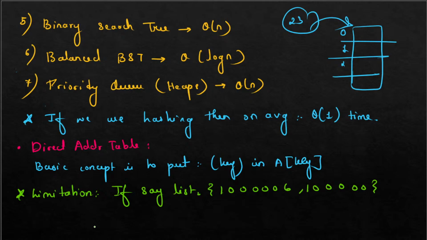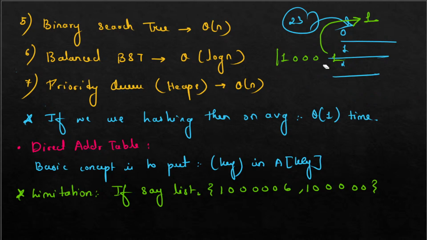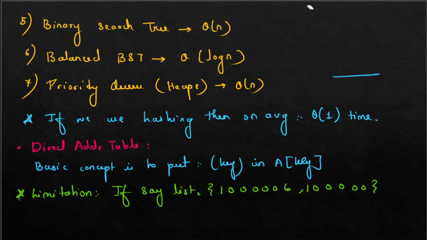But how much space are we going to make for this? These many. So let's say I have just two keys, 1 lakh and 1. For these two keys, I have to make a space of 1 lakh. The 1 will be inserted into the first place and the 1 lakh key will be inserted into the 1 lakh place. So that is the drawback. We have just two keys, but still the space required is 1 lakh. So this is the major drawback of the direct address table.